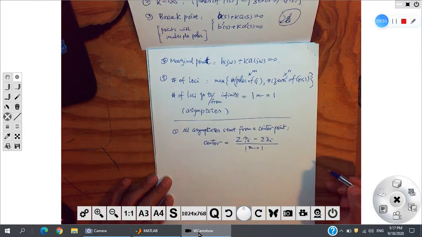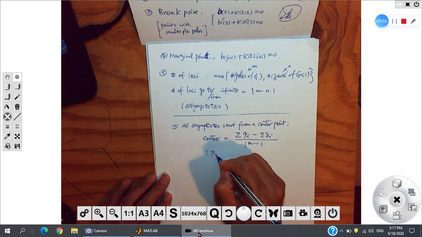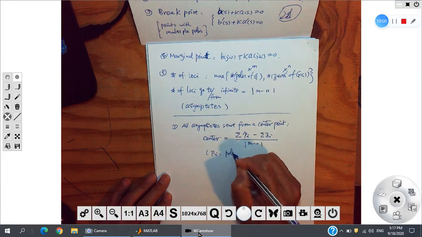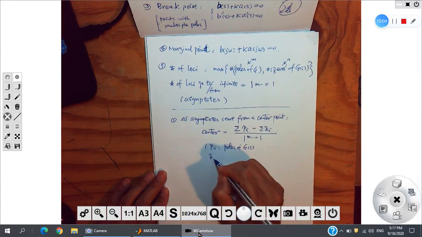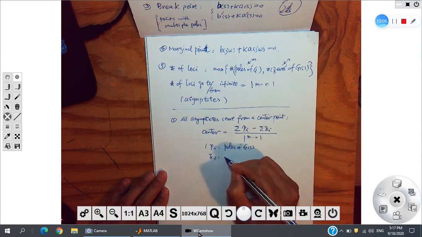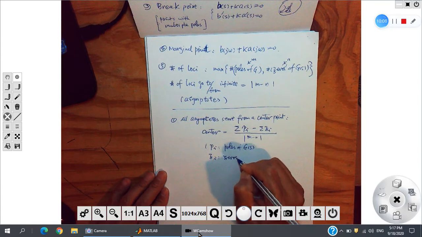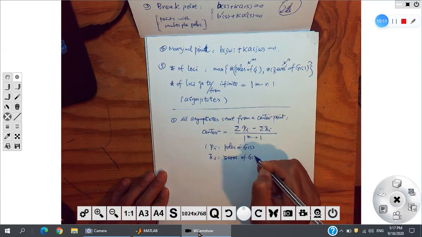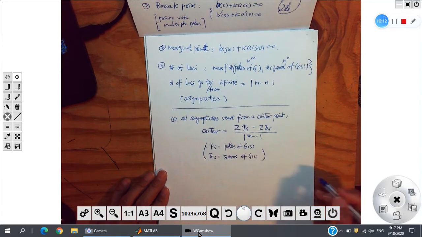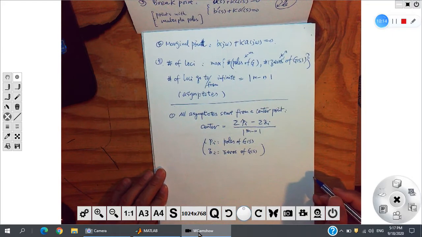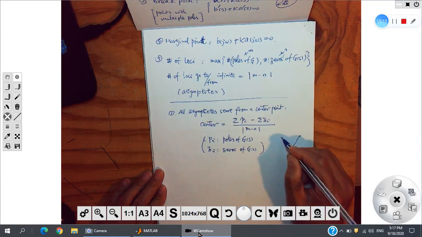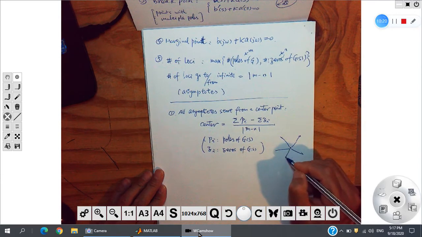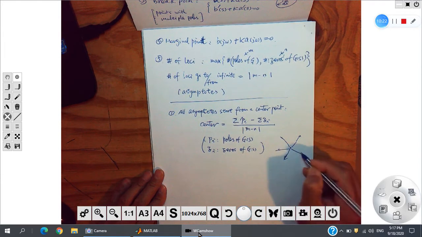Here p_i are the poles of G of S and z_i are the zeros of G of S. This is the center, and the asymptotes start from the center.